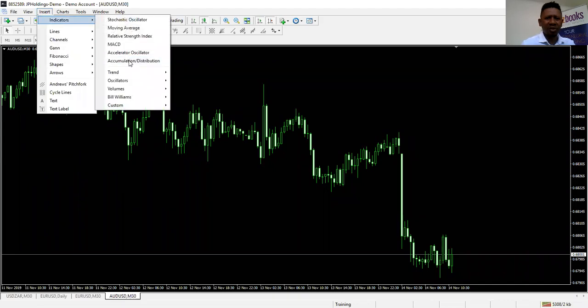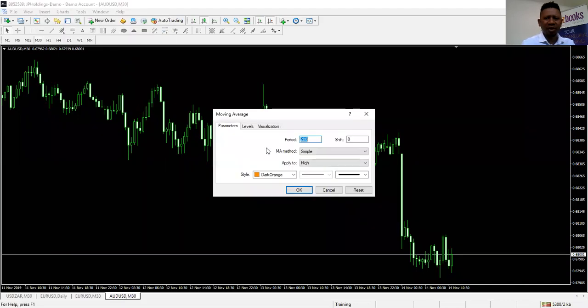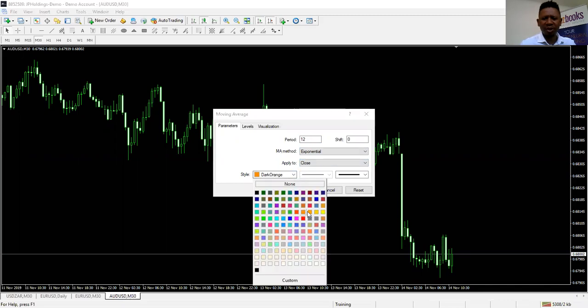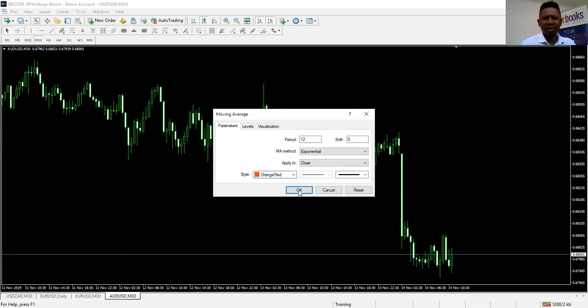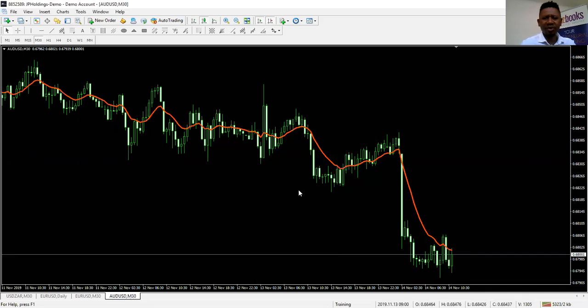We insert moving averages. One must be 12, the method must be exponential, and it must be applied to close. And then from there, we choose the color. The color we chose for this one is going to be red. Remember the thickness, I spoke about it.